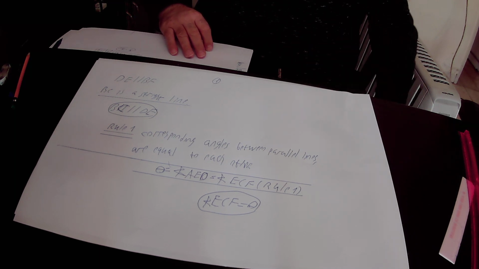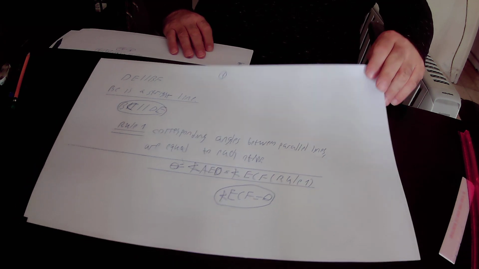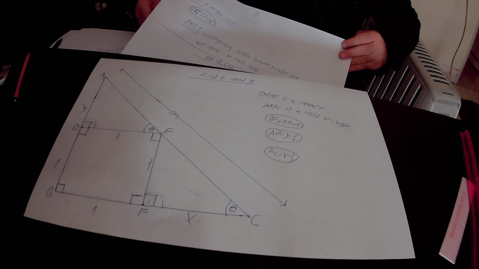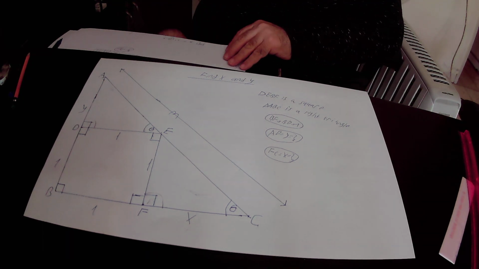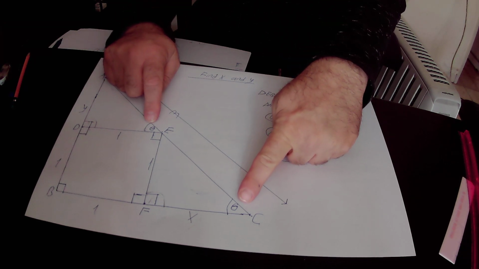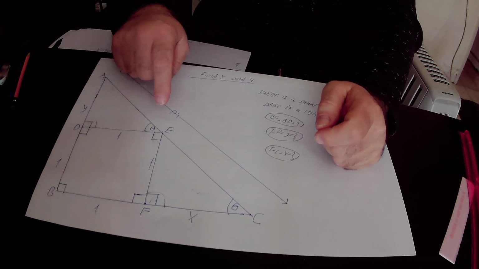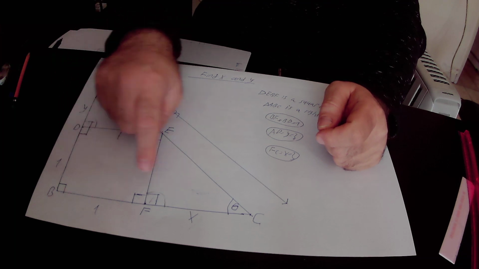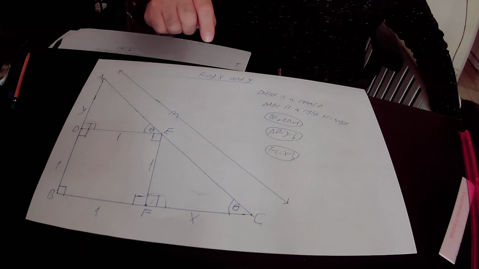Okay, so we found out that BC is parallel to DE, and we have rule number 1 that states that corresponding angles between parallel lines are equal to each other. What does it mean? It means that those two angles are defined as corresponding angles, and they are located between the parallel lines DE and BC. Therefore, those two angles are equal to each other.